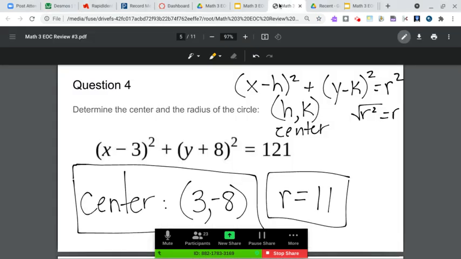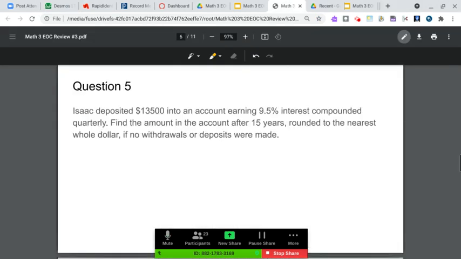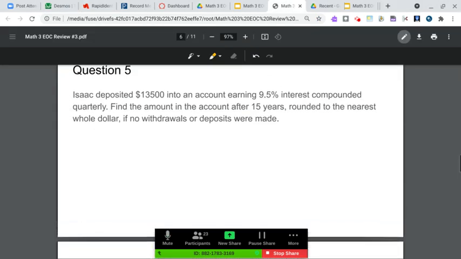All right. Number 5. Isaac deposited $13,500 into an account, earning 9.5% interest compounded quarterly. Find the amount in the account after 15 years, rounded to the nearest whole dollar, if no withdrawals or deposits were made.